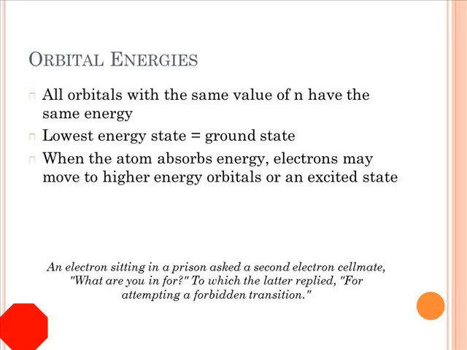The joke at the bottom of the slide about forbidden transitions just talks about where an electron can jump from one level to another. Any level it can jump to is an allowed transition. If an electron tried to jump below its ground state, for example, that would be a forbidden transition. It's kind of an esoteric joke, I know, but it's a little funny in context.